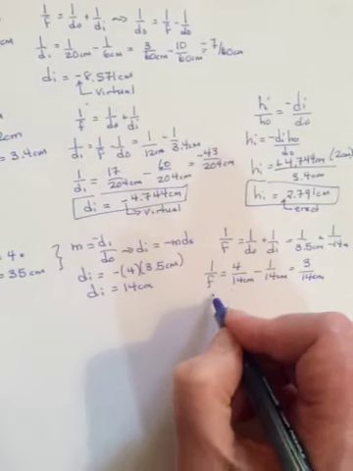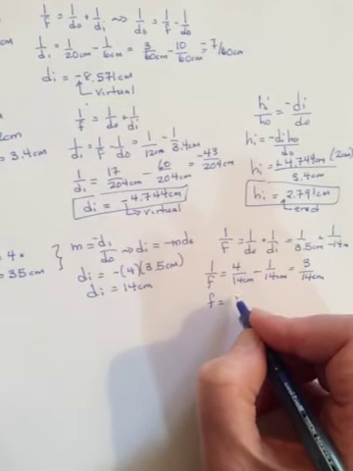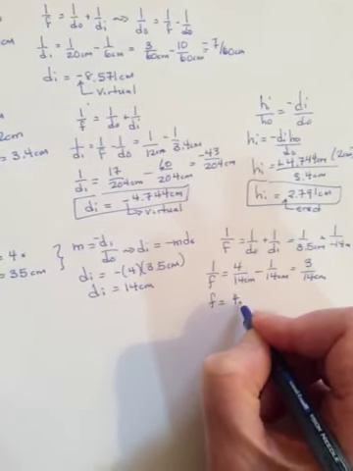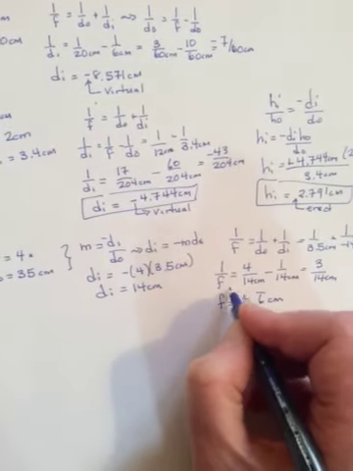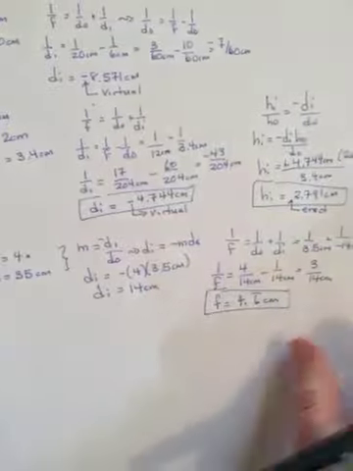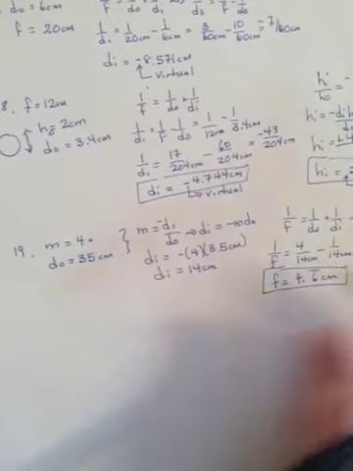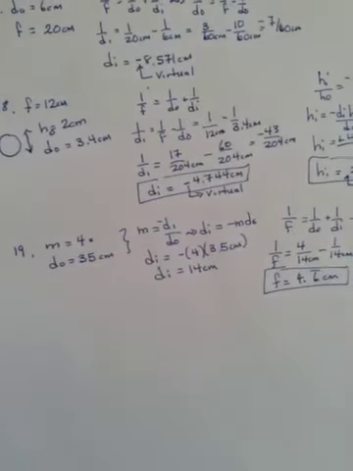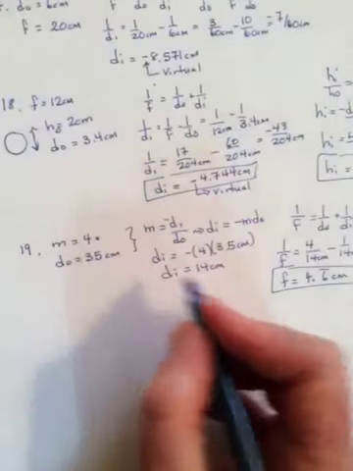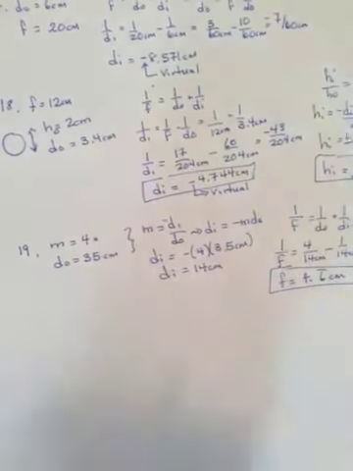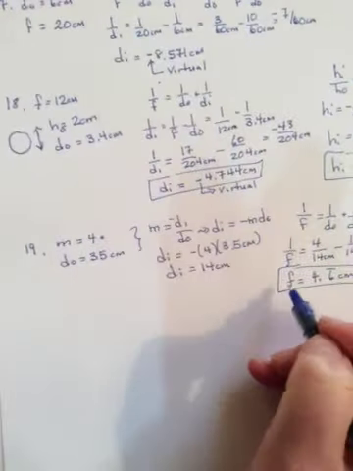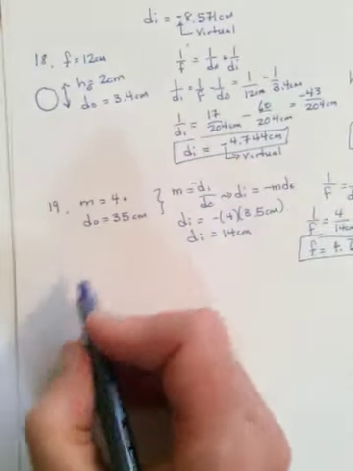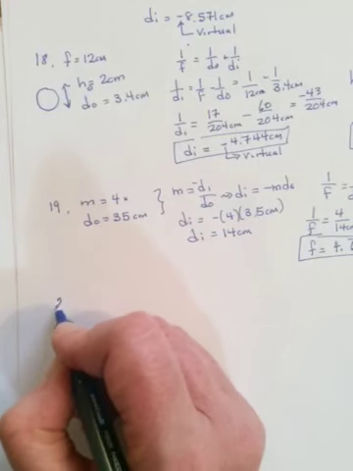Flip, divide, 14 over 3, so 4.6 repeating, I believe. Okay, positive, because it's a convex lens. If you want to get a virtual image that is bigger, you have to use a convex lens, which would have a positive f. If you used a concave lens, your image would be tinier, and the f would be negative, just like it is for a diverging mirror.